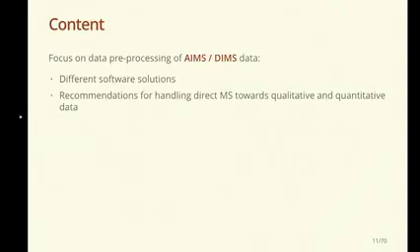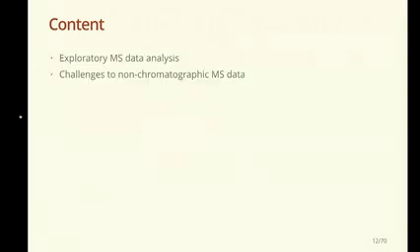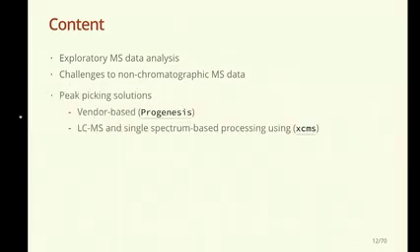So to focus a bit on the content, we'll discuss a bit of the different software solutions, both open source and some vendor options as well, and then some general recommendations from my part on how we should best handle these types of data, but of course, maybe there's better strategies so we can discuss in detail. So we'll first look a bit exploratory at the MS data, see how it differs from a chromatographic perspective in the LCMS scheme, and then some typical challenges related to the non-chromatographic types of data.